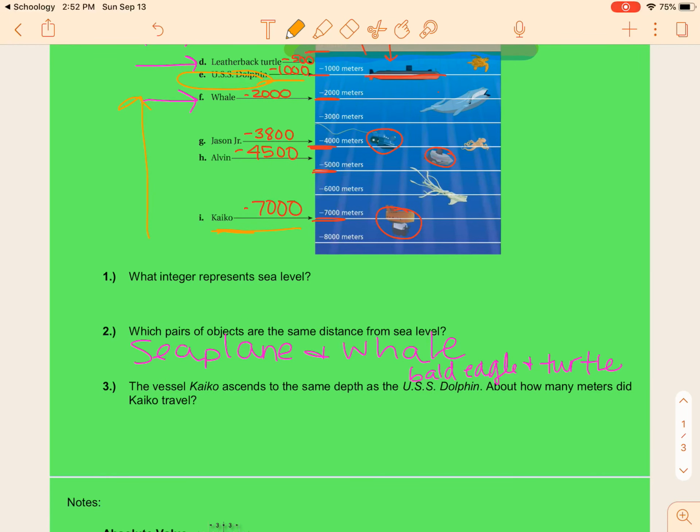Let's do 7,000 minus 1,000. Kaiko is traveling 6,000 meters. Is it going down or is it going up? Right, it's going up. So Kaiko is ascending, which means it's getting higher. So it is traveling 6,000 meters.